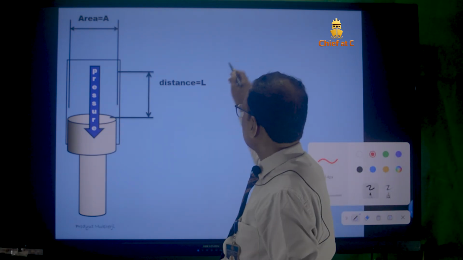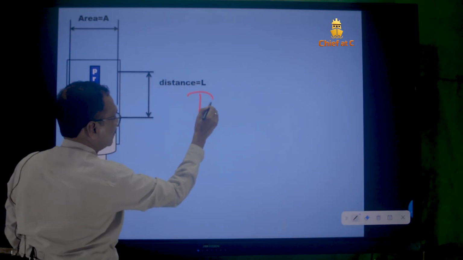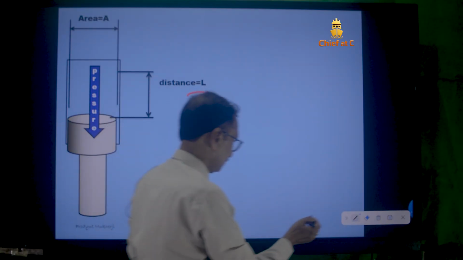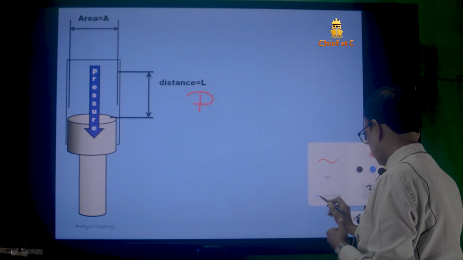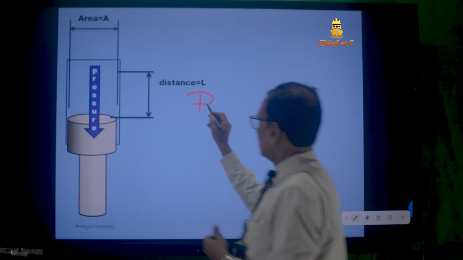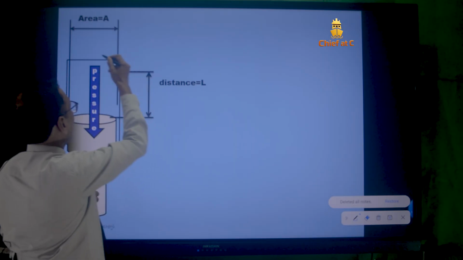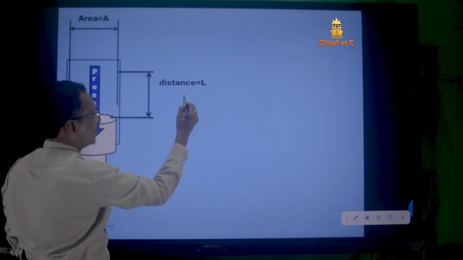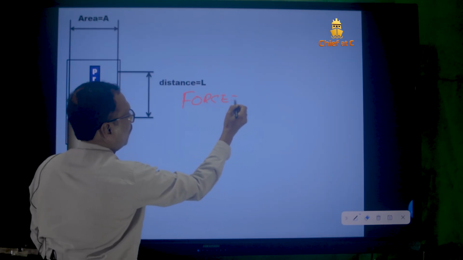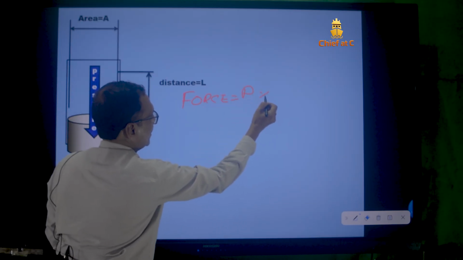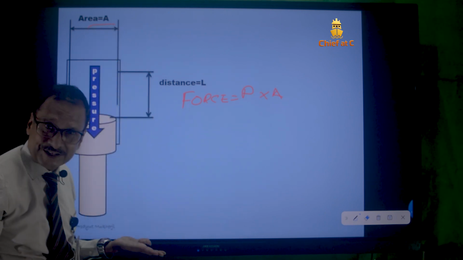Let us take the pressure as P. So pressure is acting. Let us see what is the force. We just saw force is the pressure into the area over which the pressure is acting.